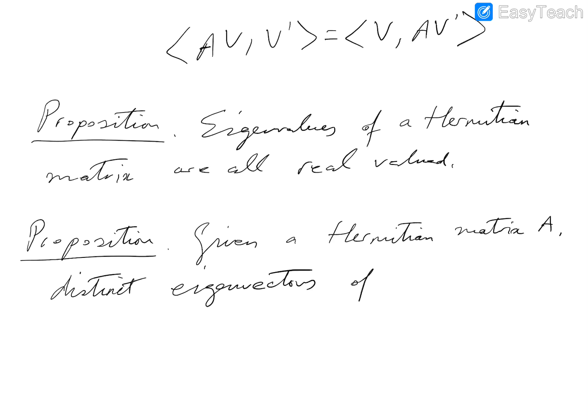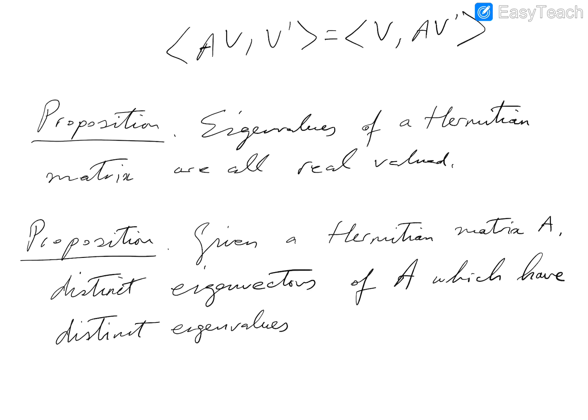Distinct eigenvectors of A which have distinct eigenvalues are orthogonal to each other. So these eigenvectors must be orthogonal to each other.